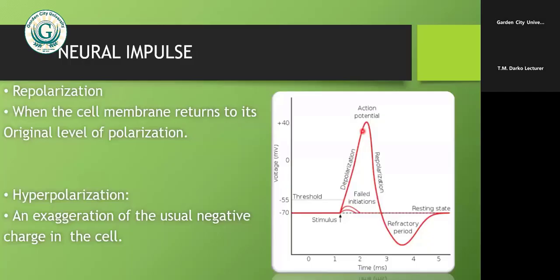So because we don't want to get to this stage, the membrane has to return to its resting state by a process called repolarization. Now, how does it return to its resting state? It uses what we call the sodium-potassium pump. And I told you it is also called what? AKA ATPase.